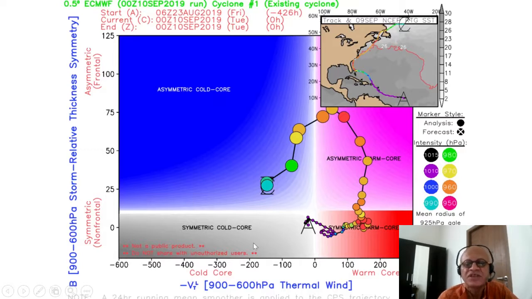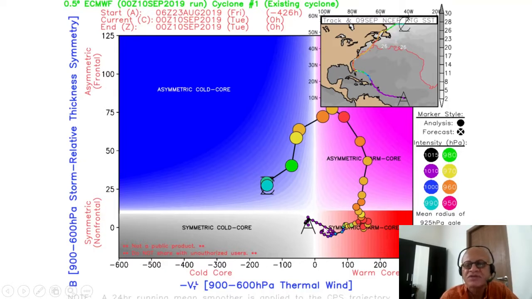So you can see the transition going from symmetric warm core. It started actually as a subtropical storm, I think, beyond the tropics, I don't know. At least started as a symmetric cold core, and then became symmetric warm core, became asymmetric warm core, and ended up being asymmetric cold core.